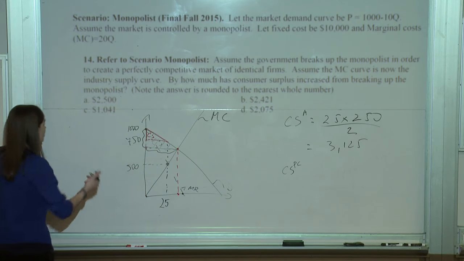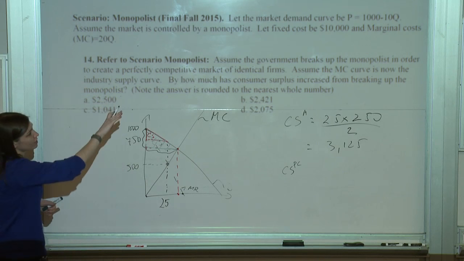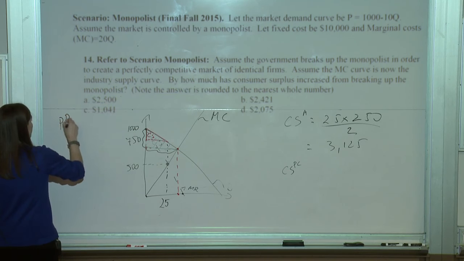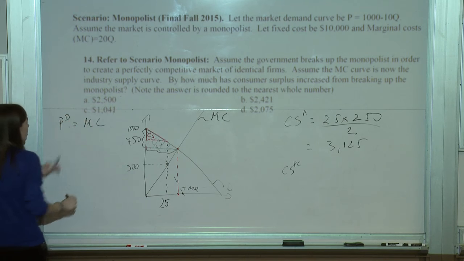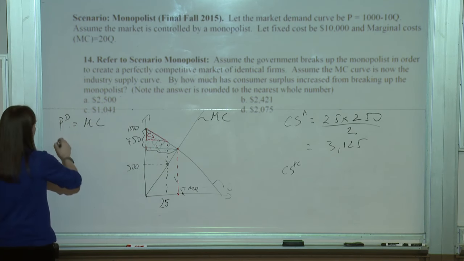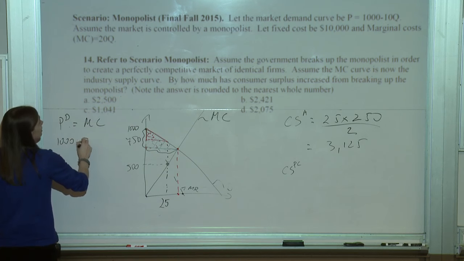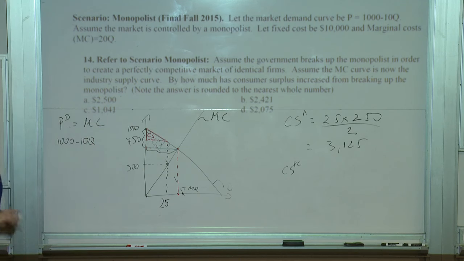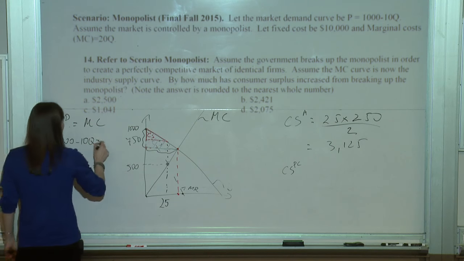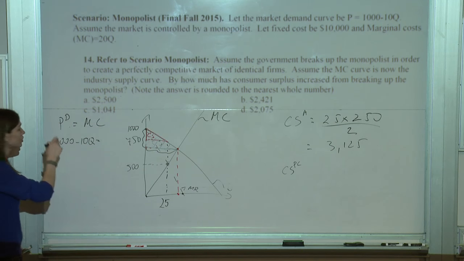And I can figure that out. I know both of them. I know the price, the demand curve, which is, right? So here this would be the decision. Price should equal marginal cost. The demand curve is 1,000 minus 10Q, right? Not marginal revenue, no, just the demand curve. 1,000 minus 10Q equals marginal cost, which is 20Q.